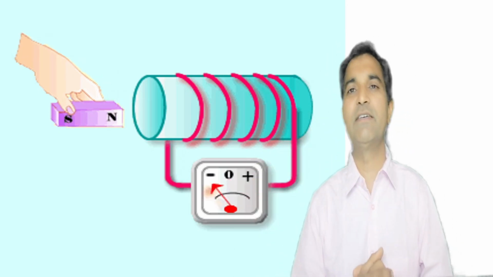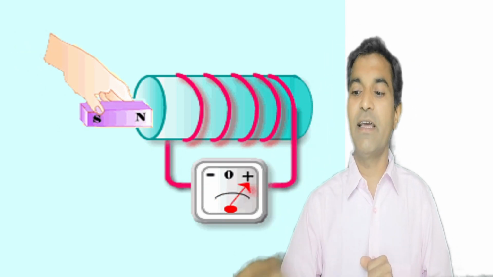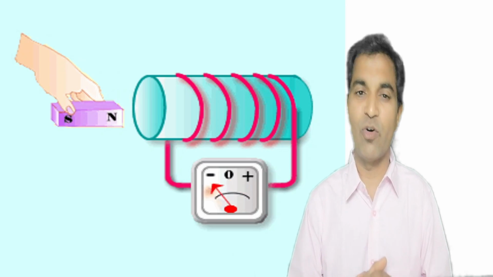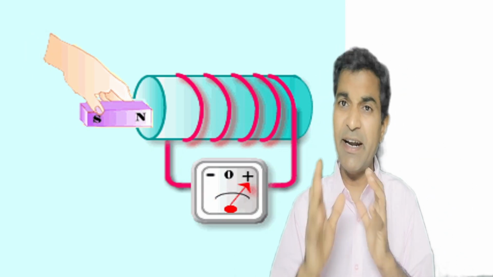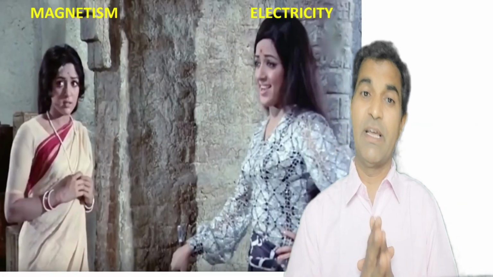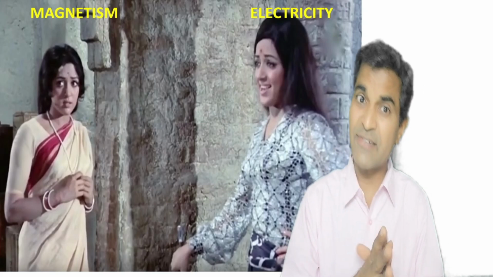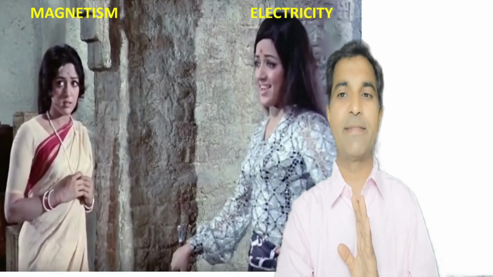And this device, which is used to detect the direction of the current, is known as a galvanometer. Now, after these observations, Faraday made a conclusion just opposite to that of Oersted: that there is a relationship between Gita and Sita as well as Sita and Gita.